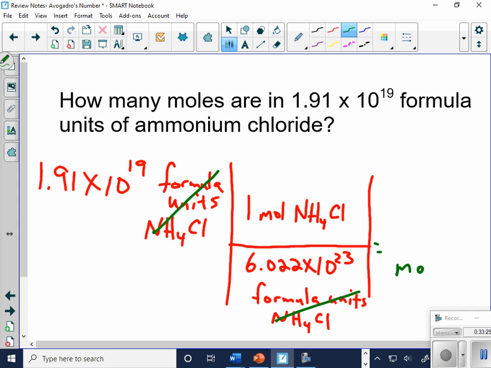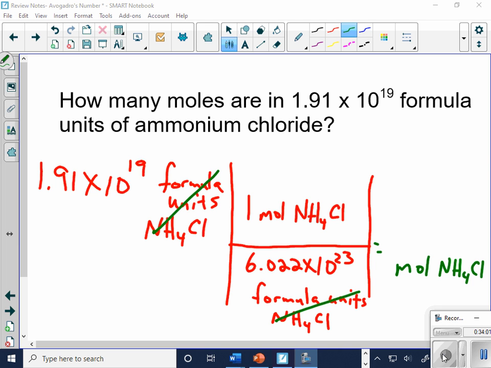My label is going to be mole of ammonium chloride. Now I just have to do my math. When I ballpark it, I have 19 and I'm dividing it by 23. Those are my exponents. So 19 minus 23 is going to give me somewhere around minus 4. So I should be in that area, and you're going to see it's going to be a minus 5. Okay? Go ahead and take a break. We'll finish this when we get back from break.